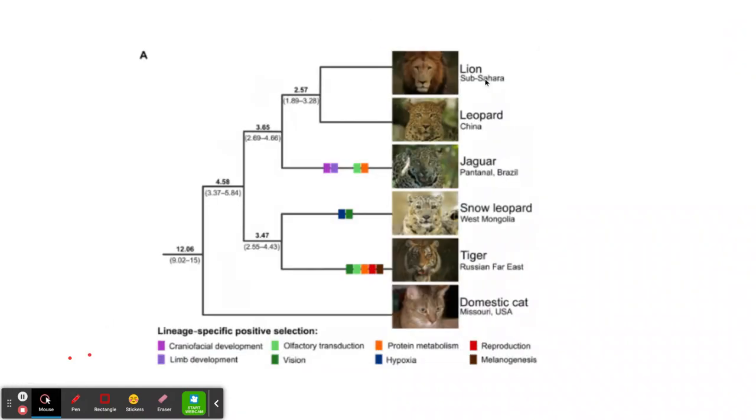So we have the taxa of lion. Let's get our pen working here. But the lion and leopard together would be a sister taxa. So we'd say these two over here are a sister taxa, right? They do share a common ancestor that is not found in any other group. So this common ancestor here is not found in any other group.